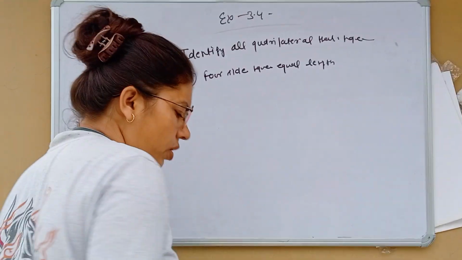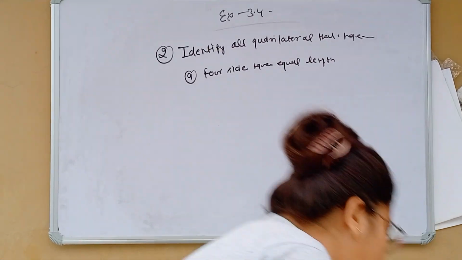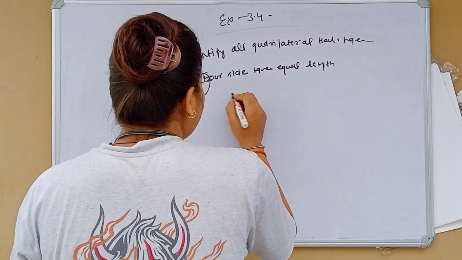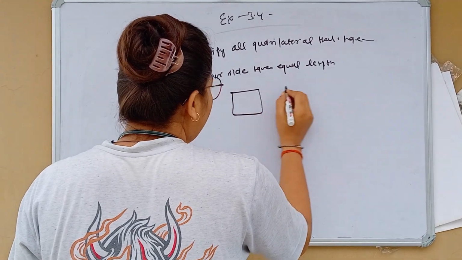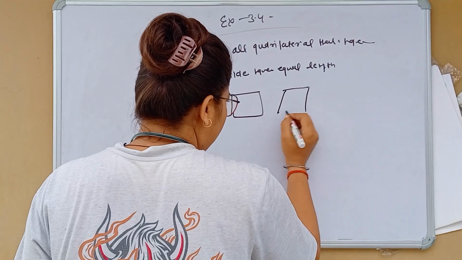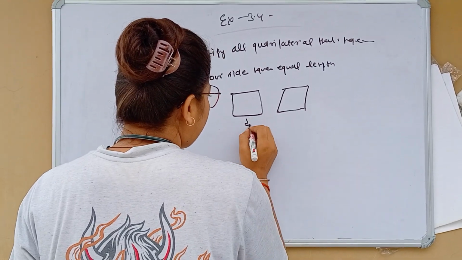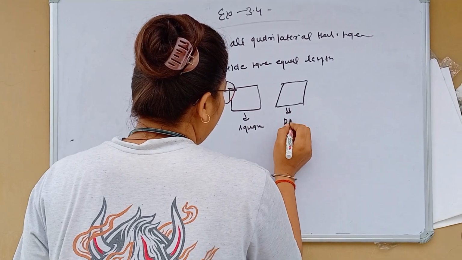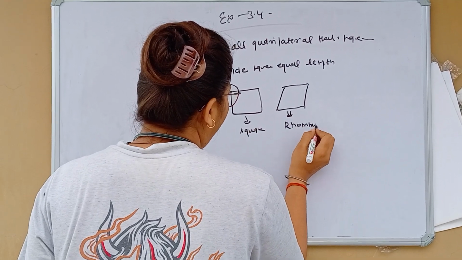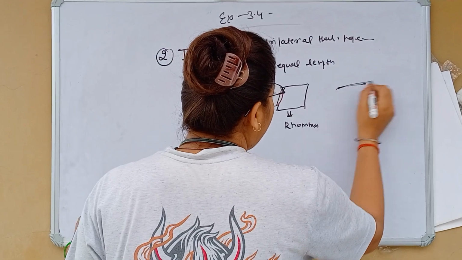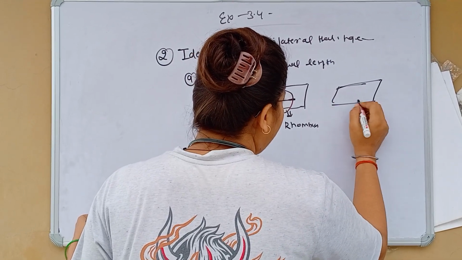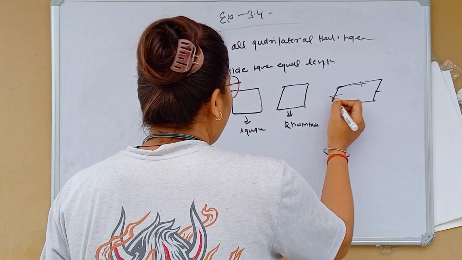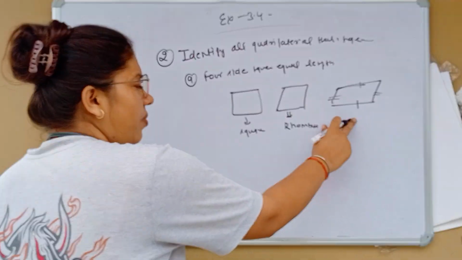We know this very easily. First make figures with equal side lengths. This is the figure of a square, and this is the figure of a rhombus. You can make figures in your copy. Here two sides are equal to one another, like this side equals this side, so this is the figure of a rectangle.